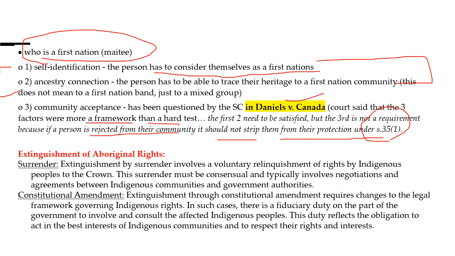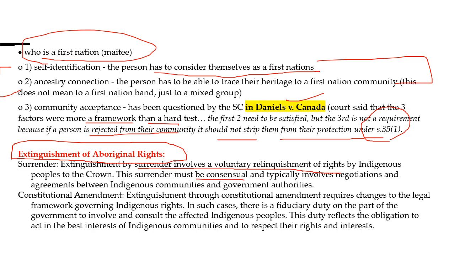Now, the question is, are these aboriginal rights immortal or can they get extinguished? So, extinguishment of aboriginal rights. First is surrender. Extinguishment can happen if indigenous people voluntarily, without any force, surrender their rights to the Crown.